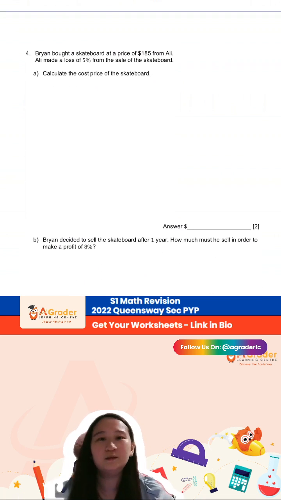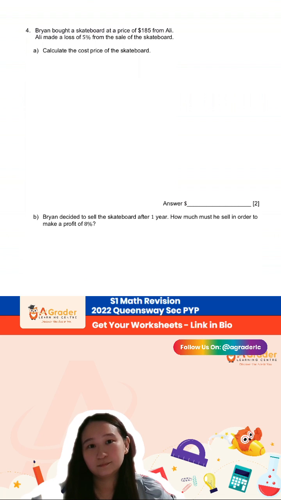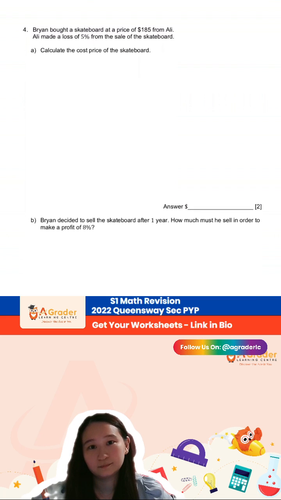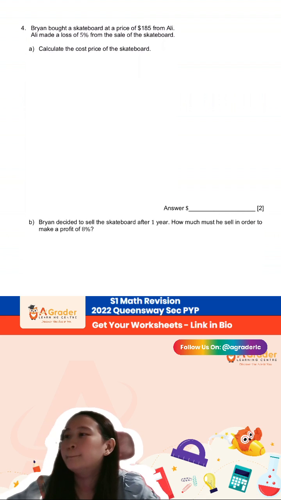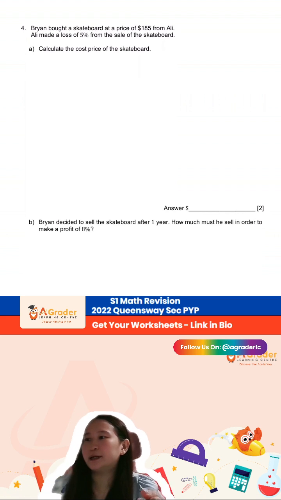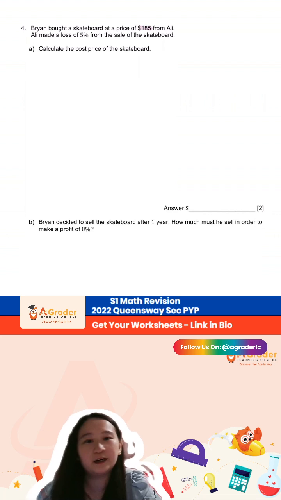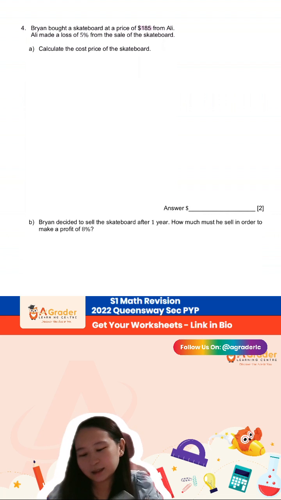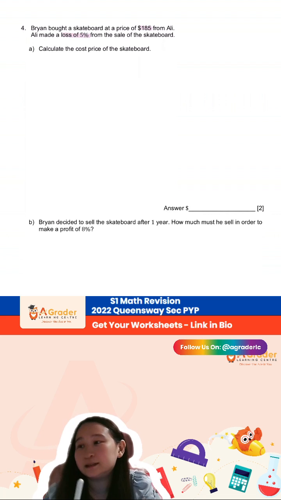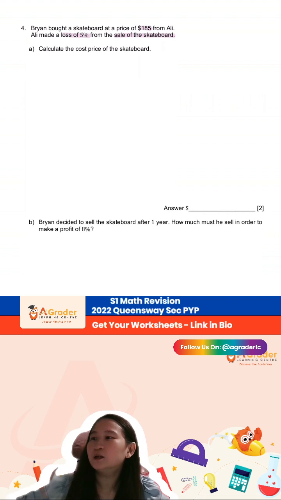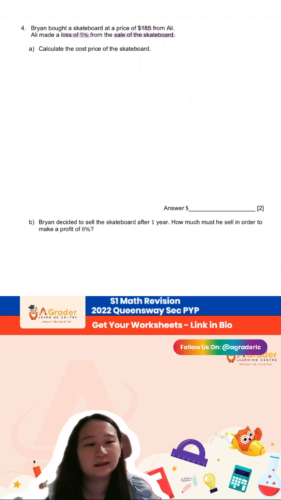Next question 4. Brian bought a skateboard at the price of $185 from Ali. Ali made a loss of 5% from the sale of the skateboard. So this, what is the price of the sale of the skateboard?